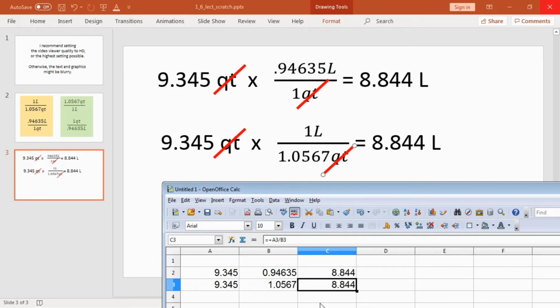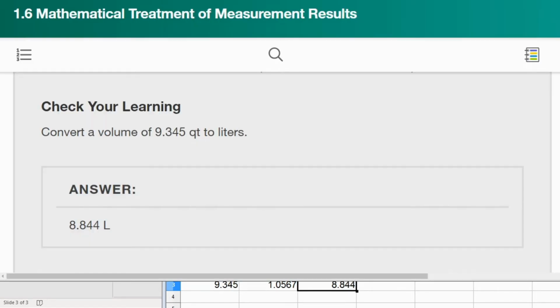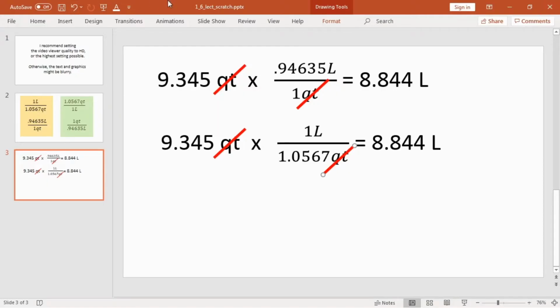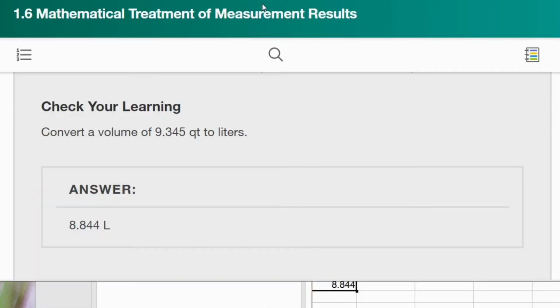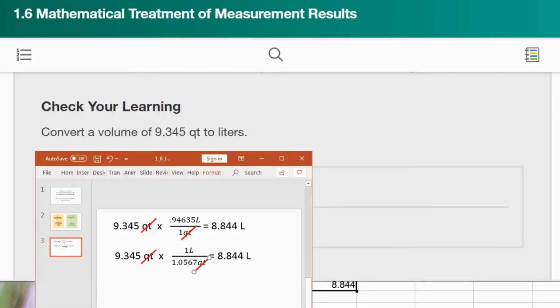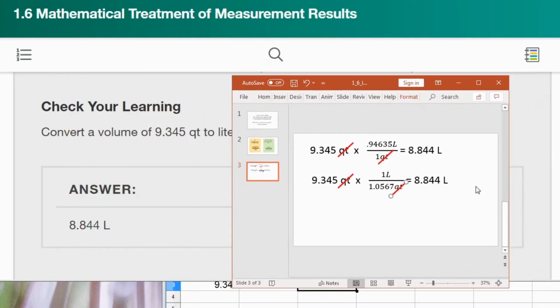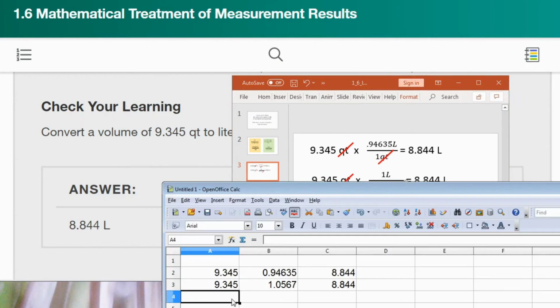So now let's look at the answer that they provided. Their answer is 8.844 liters, which is reassuring because I made a mistake here in rendering. You can see the answer I got is their answer. Again, I encourage using computers to calculate things, and I'm so glad to feel vindicated.